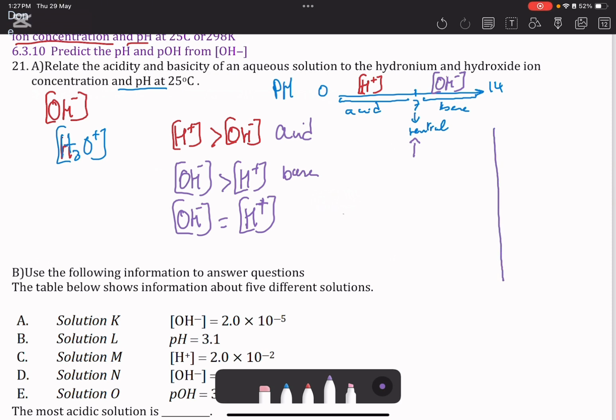If I have a pH scale from 0 to 14, as the pH scale increases, the concentration of OH minus increases and the concentration of H plus decreases.